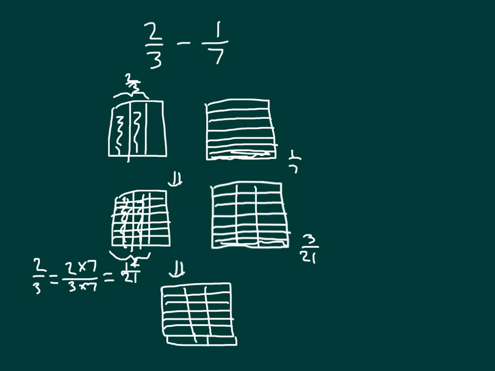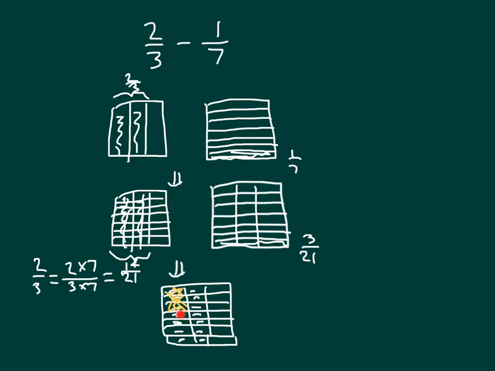Here's modeling the 14 21sts, which is all these here: 1, 2, 3, 4, 5, 6, 7, 8, 9, 10, 11, 12, 13, and 14. And then I'm taking away 3 of them. I'll use a different color here, taking away 3. Or I could have just drawn a big X to take them away.